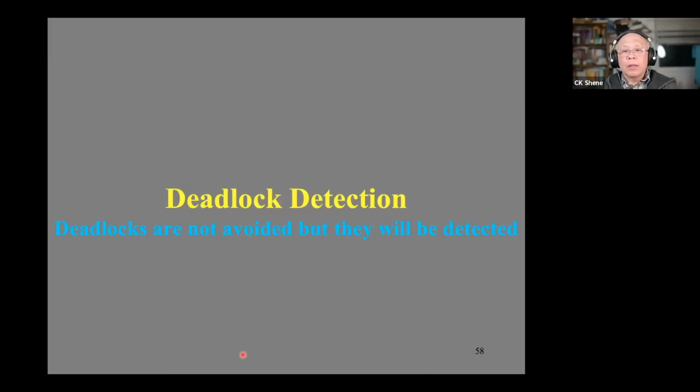The next lecture will be deadlock detection. Here, we do not have the maximum array. We just allow allocation to happen. But sooner or later, if the system has a deadlock, we must find some way to find out, yes, we do have a deadlock, and who is involved in the deadlock.